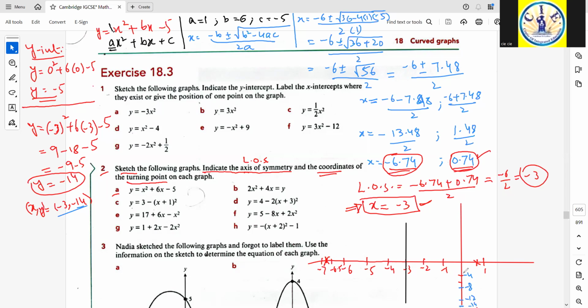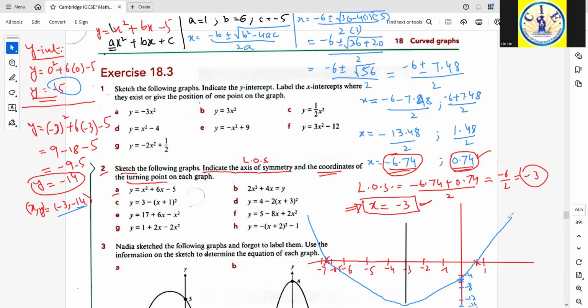And for the y-intercept, that was negative 5, that was here. So joining them together, now this is the minimum point. This one and this one.